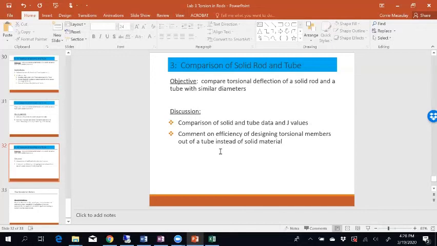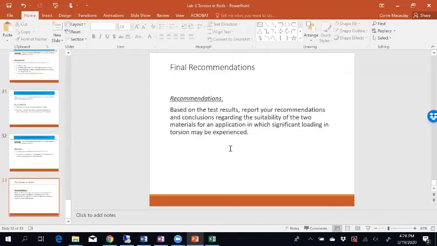But why is it better to have hollow steel or brass in this case than solid steel if you're worried about torsion in that member? I want you to think about that and at least give me some discussion on efficiency, and of course, some kind of recommendation at the end of the report.